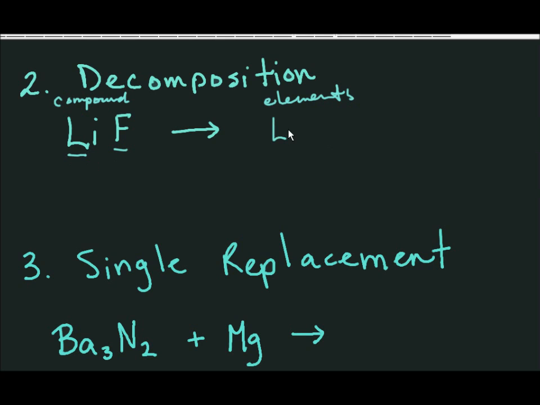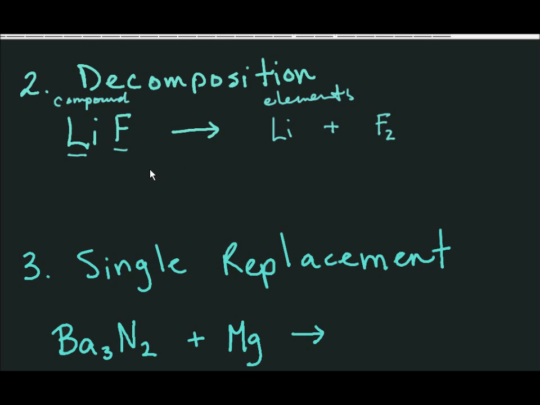So we just take those 2 elements, split them up with a plus sign, and those are the products of our decomposition reaction. Now fluorine is, again, one of those diatomic molecules. So just like chlorine, when it's alone, it hangs out with a partner. And that's pretty much it. So we take our compound and we break it down into its individual elements.